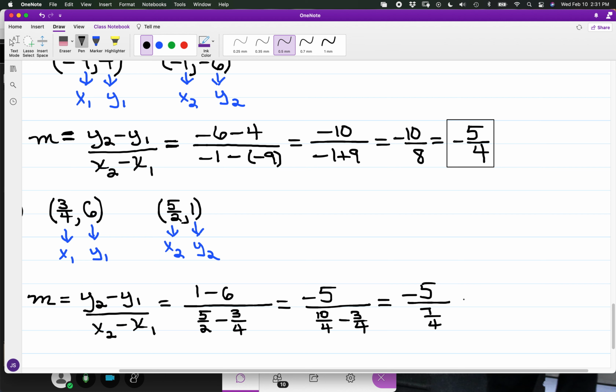And here we have a complex fraction, not complex as in the square root of a negative or the letter i. But here we have a ratio where we have a fraction in at least either the numerator or denominator. So here we have -5 divided by 7/4. If I rewrite what I have in terms of multiplying, if I divide by a fraction, it's going to be the same as multiplying by the fraction's reciprocal.